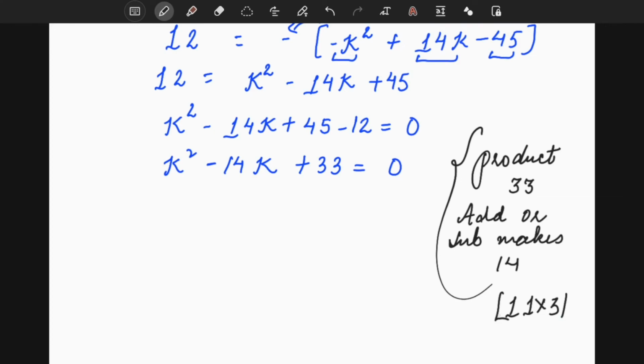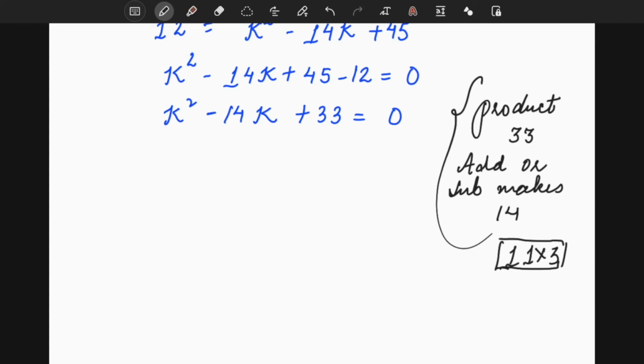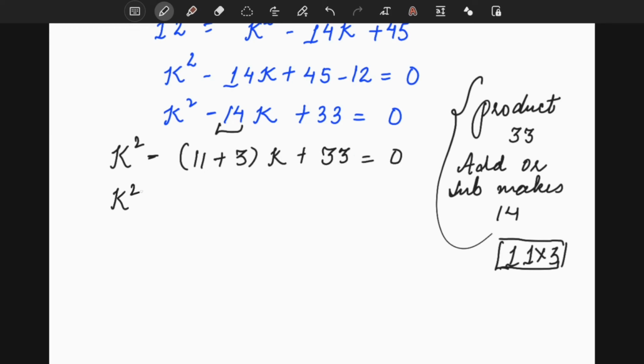This will make 33 when we multiply both the numbers, and when we add it will make 14. K square minus, write this 14 as 11 plus 3, k plus 33 is equal to 0. And we know again in the bracket we have a negative sign, so the sign of this is also changed. It's minus 11k, minus 3k plus 33 is equal to 0.